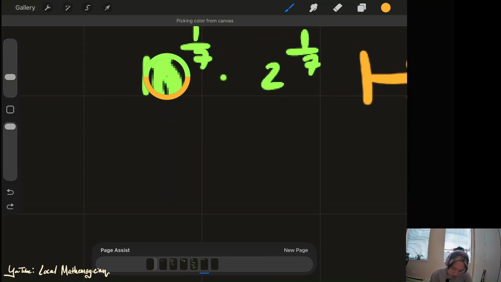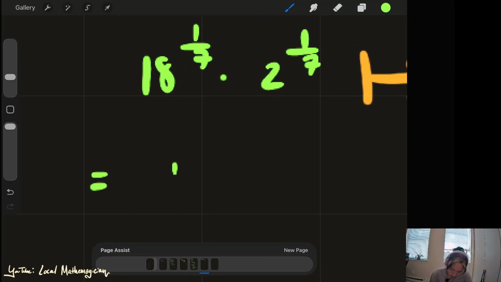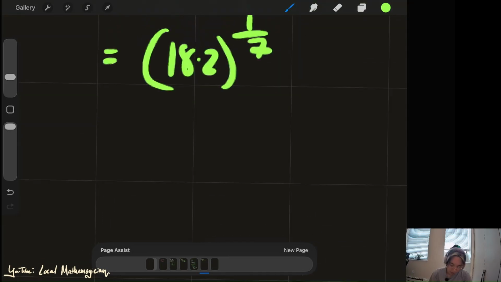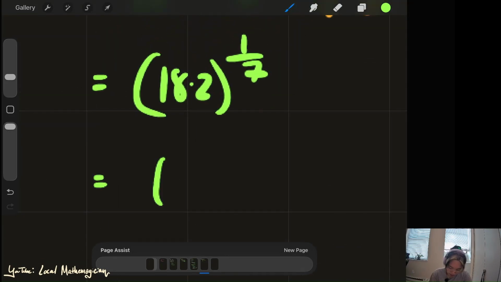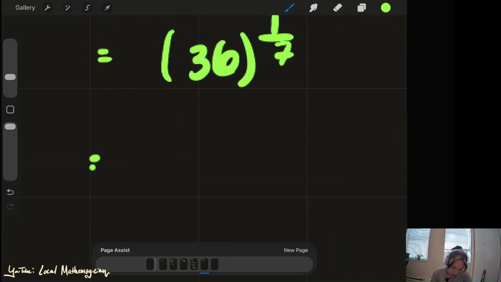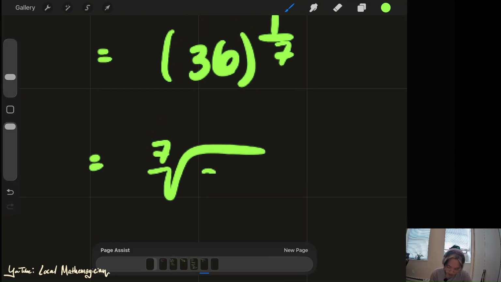So really, you can write this as 18 times 2 to the 1/7, right? And then from there, you can say, oh, this is 36 to the 1/7. And then if you want to turn it back into a radical, you totally could. This is going to be the 7th root of 36.